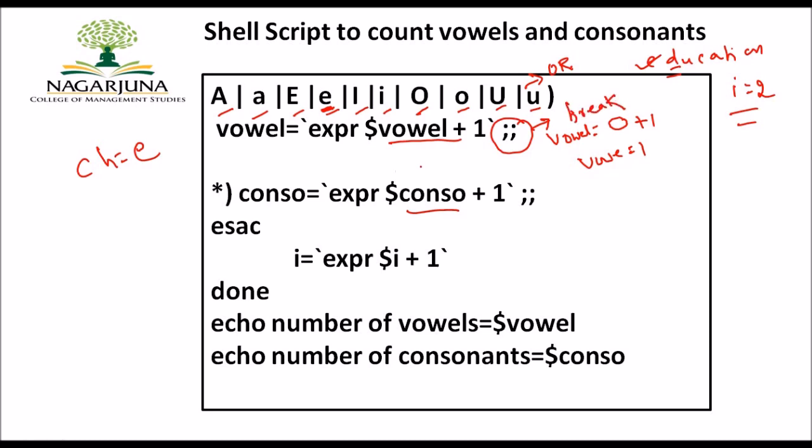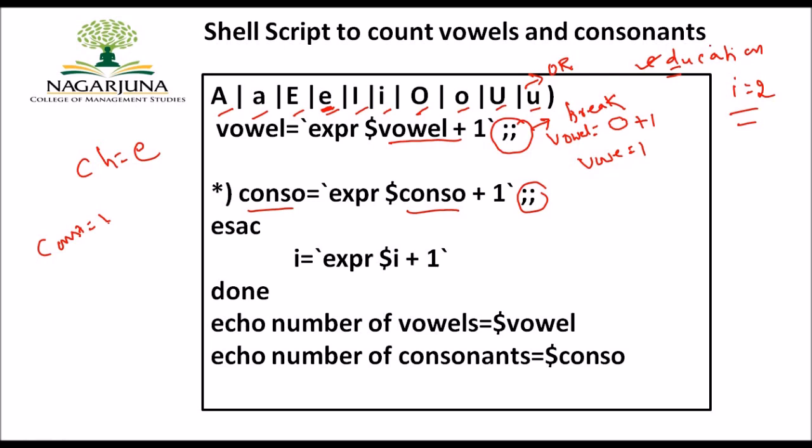It's like the end of case 1, and this is the end of case 2. So if your character does not match with any of these cases, either A, E, I, O, U, then increment your consonant value. So D does not match with these options. So certainly D is a consonant. So consonant will be incremented to 1.